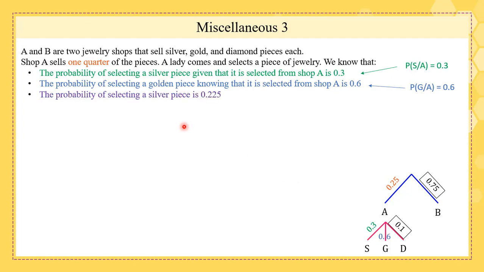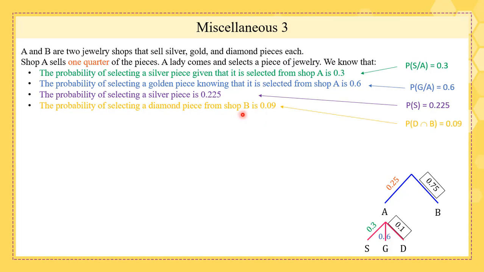Now the probability of selecting a silver piece is 0.225. Now we cannot see it directly on the tree, so let's leave it alone. And the probability of selecting a diamond piece from shop B is 0.09. This means D intersection B. We cannot also see it directly on the tree, so we leave it alone.